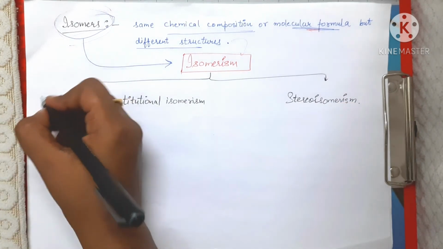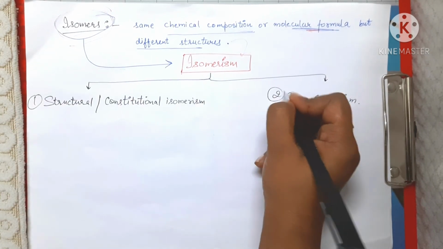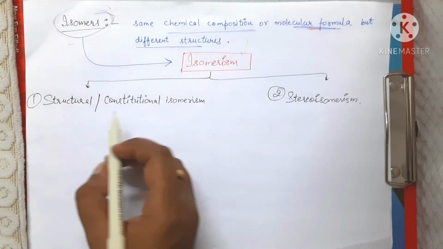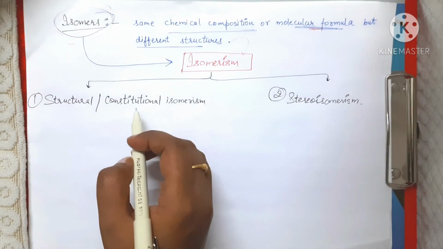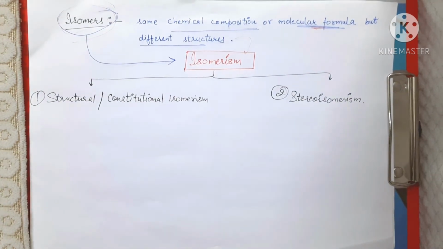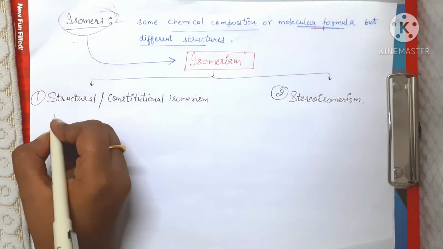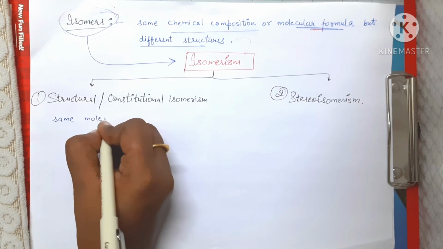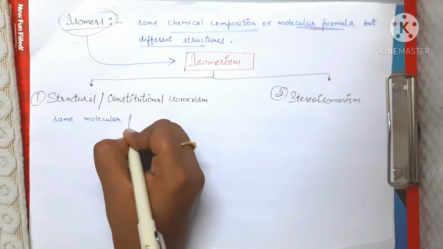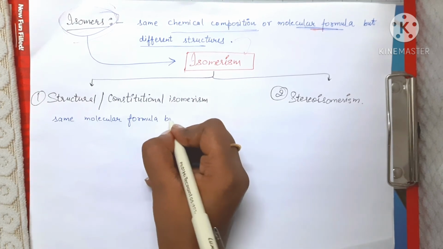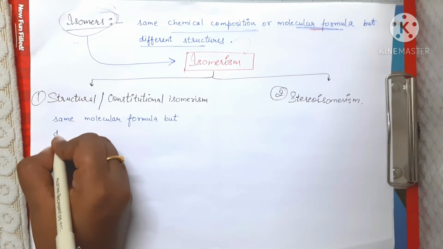These are the two major categories. In structural or constitutional isomerism, the structures have the same molecular formula but different bond linkages.